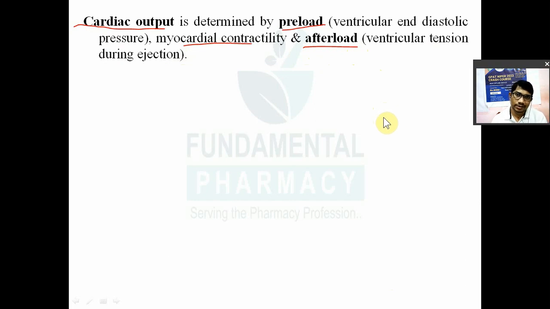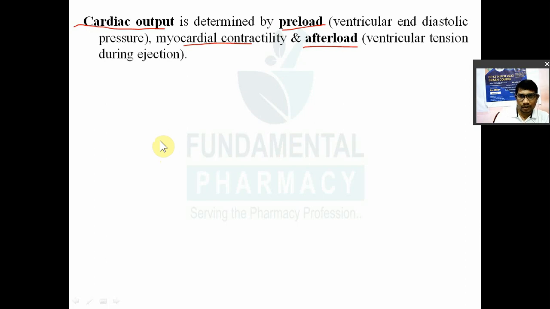Now next we'll see when myocardial contractility is impaired. Impaired means what? Decreased. When myocardial contractility is decreased, the blood that is to come to the heart will still come. So when myocardial contractility is impaired, the ventricle dilates.